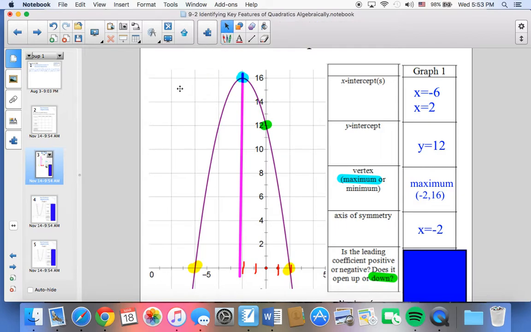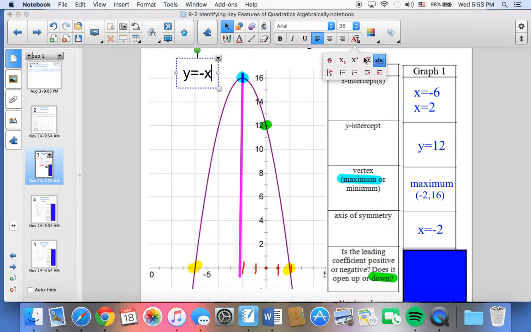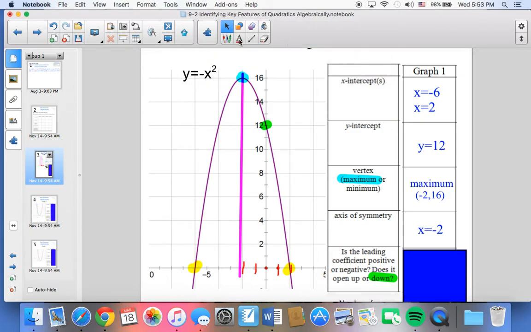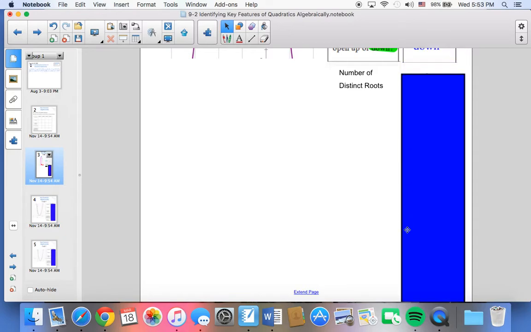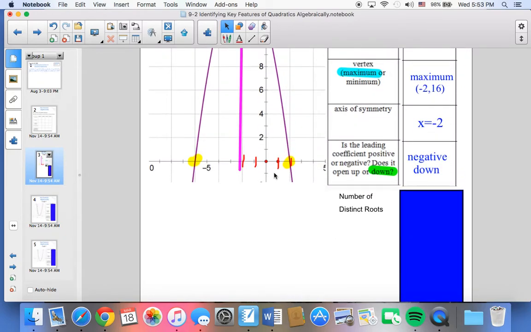I don't know the exact equation of this parabola, but it's going to be some sort of y equals -x squared. There might be more to it, but the important part right now is that there is a negative in front of the x squared. That makes the parabola look like a frown. So negative, and it's opening down.